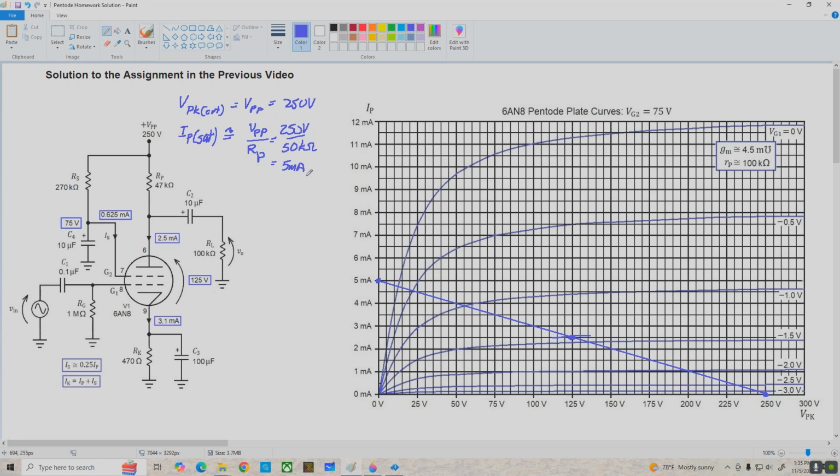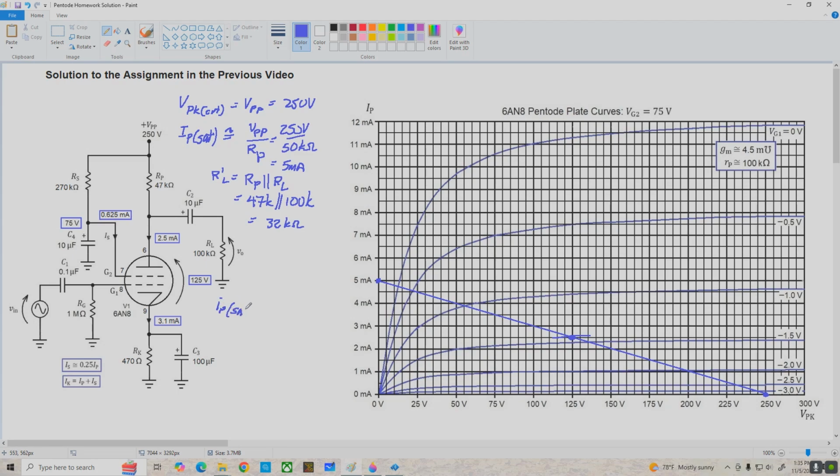So next we'll do our AC load line, but first we need to determine R prime L, which is our AC load resistance, and that's RP in parallel with RL. So we've got 47K in parallel with 100K, and that works out to be about 32 K ohms. So now we can find our endpoints for the AC load line. Come down here.